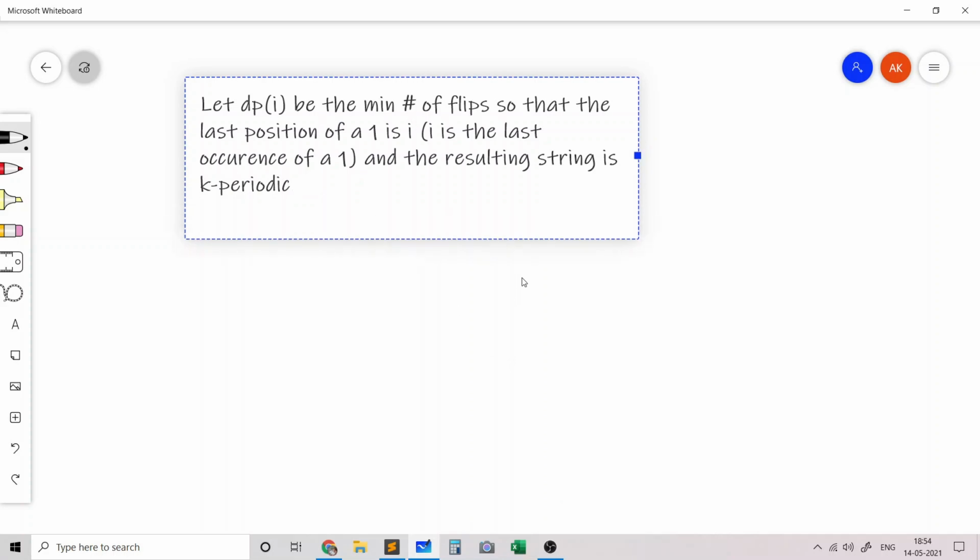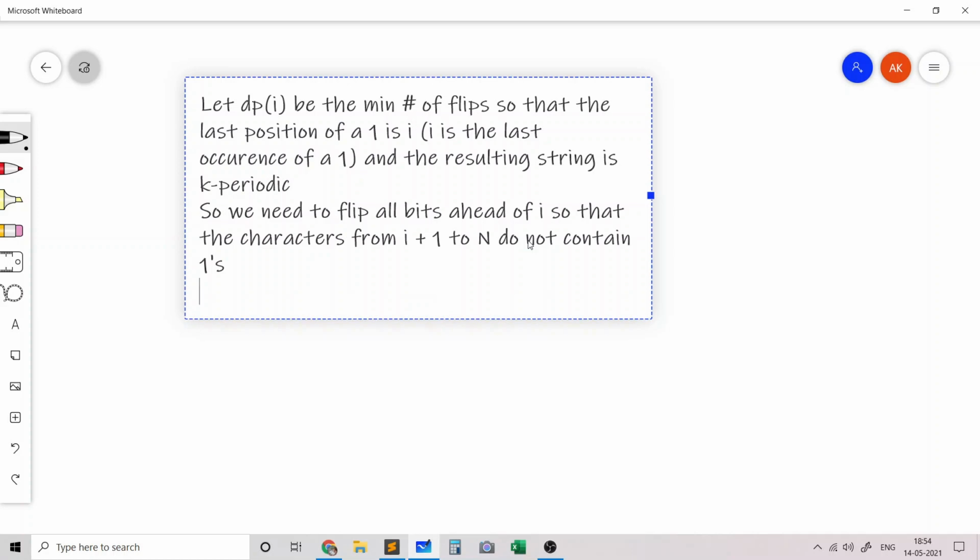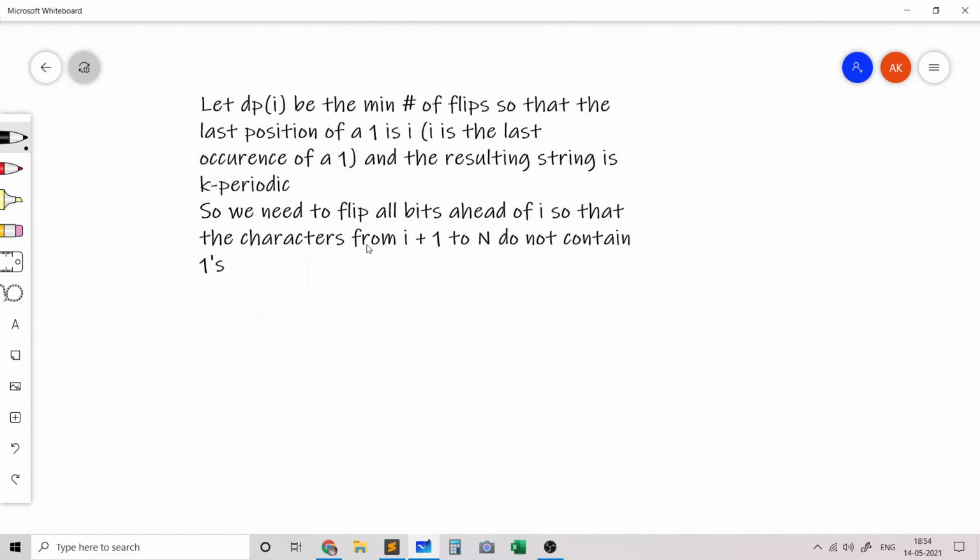This basically means that we need to make sure that the whole string from 1 to i is k-periodic, and the i plus 1 to nth characters do not contain a 1. And that's all that's there in our DP state.